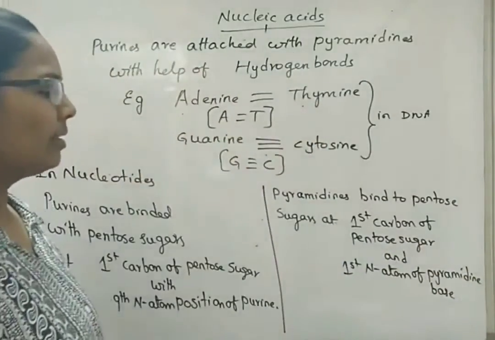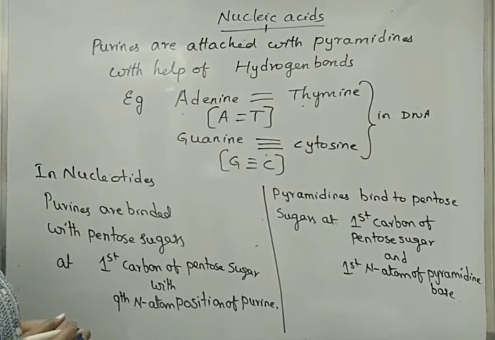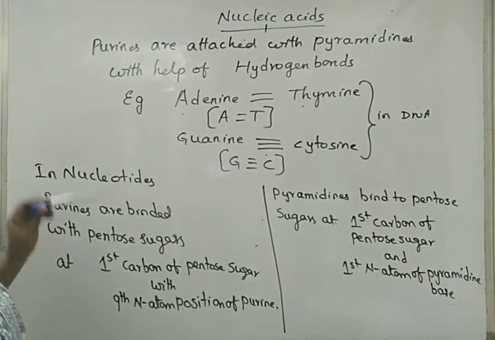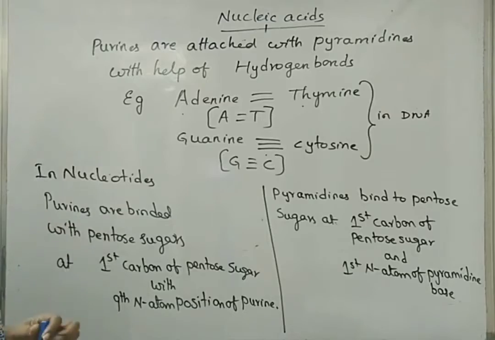That can be either thymine or cytosine or uracil, whatever it can be. So this is how purines and pyrimidines are bound.